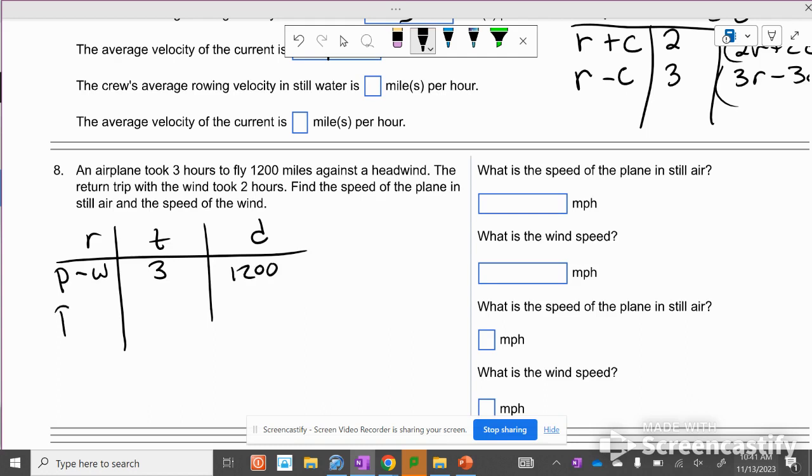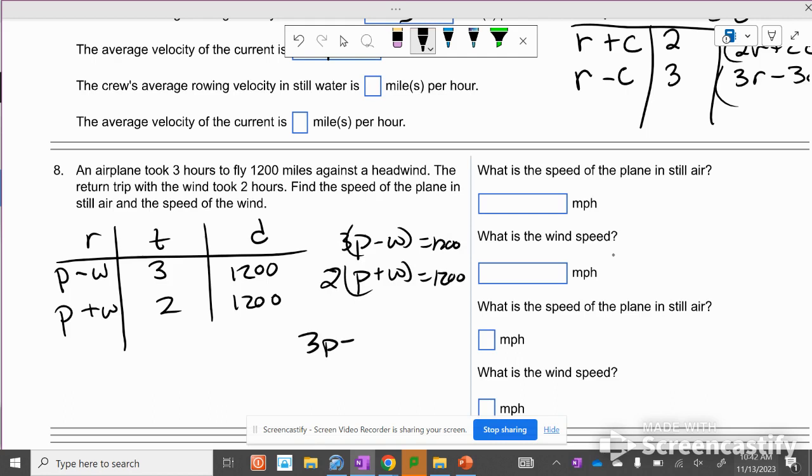The return trip, the plane plus the wind only took 2 hours for the 1,200. So P minus W times 3 equals 1,200. P plus W times 2 equals 1,200. So 3P minus 3W equals 1,200.